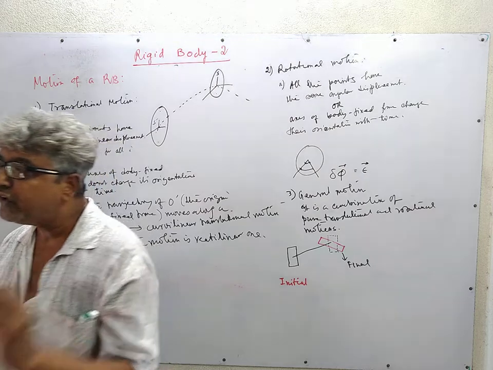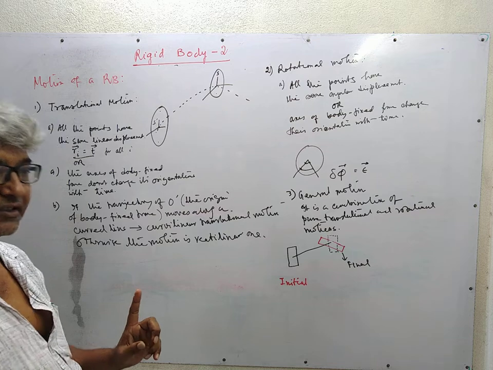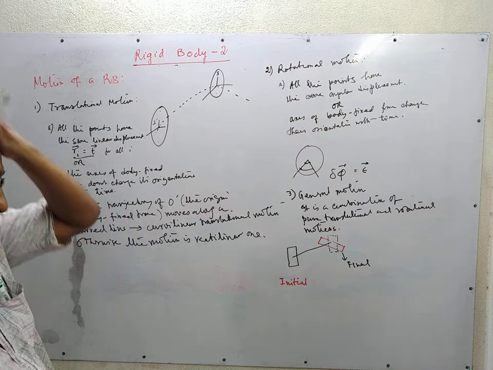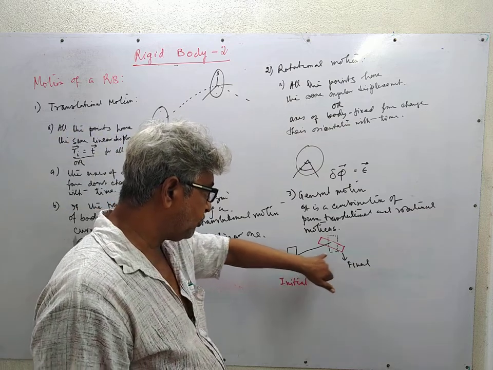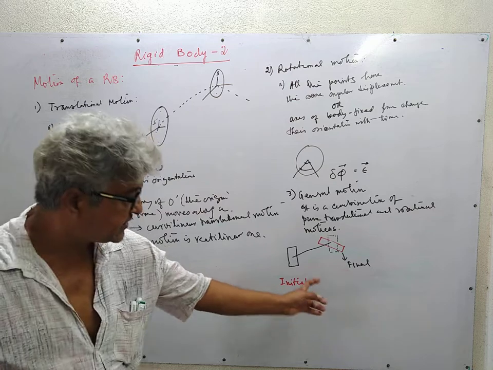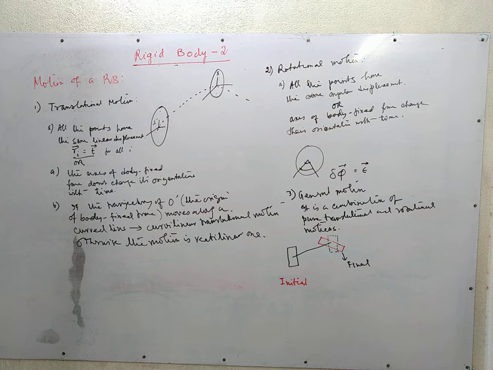Then we fix any point of the rigid body, and we rotate the rigid body about an axis passing through the fixed point. So what we do? First we take the body from here to there, and then in this dotted configuration we fix one point within the rigid body and rotate the rigid body by an angle so that a second point comes to its final configuration.